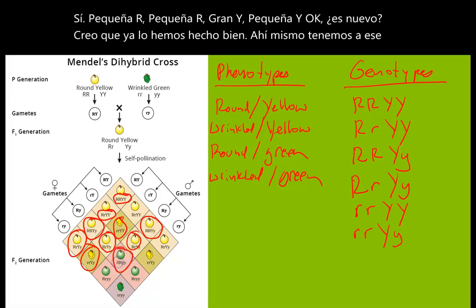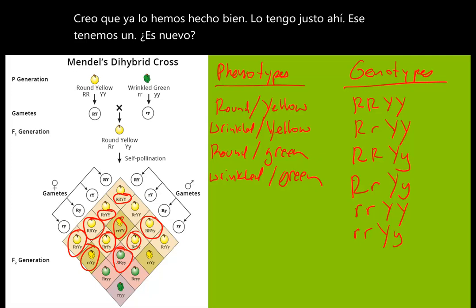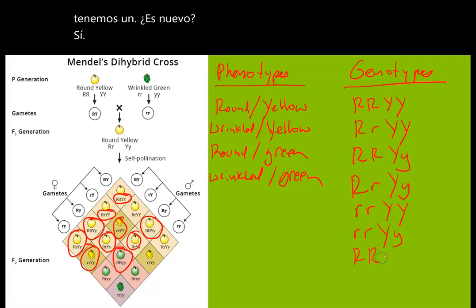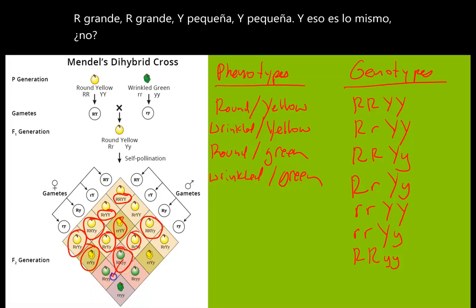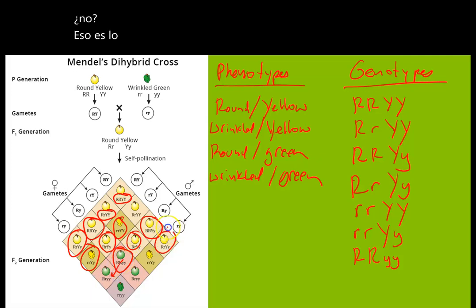Ooh, is this a new one? Yes. Big R, little y. And that's the same, isn't it? That's the same as this one. That one we had before. Ooh, is that new?